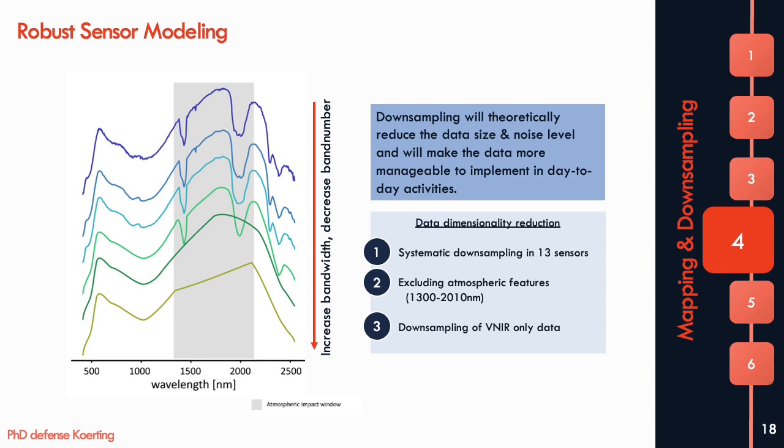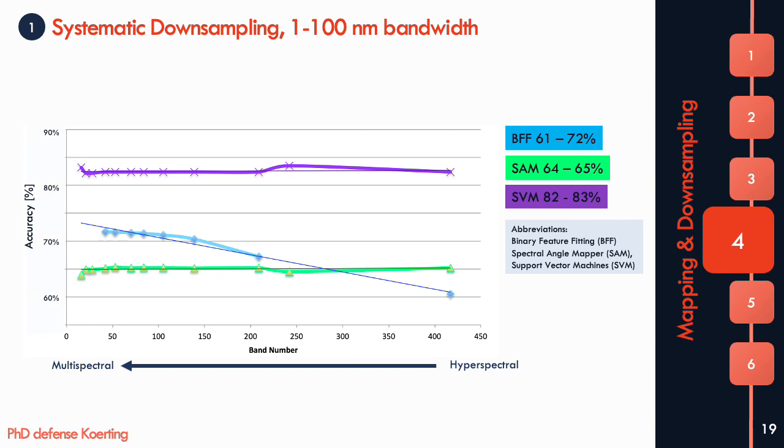So for my 1st step, for the systematic downsampling from 1 to 100 nanometers of bandwidth, I again plotted the accuracy against here the band number of the sensor, and you can see we're going from hyperspectral on the right to multispectral on the left. And for my SAM and my SVM analysis, you can see that the accuracy stays consistent with decreasing band numbers, or nearly consistent, only loses or wins even a few percentages of accuracy.